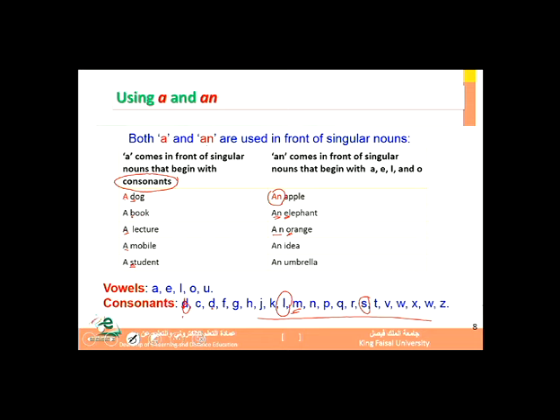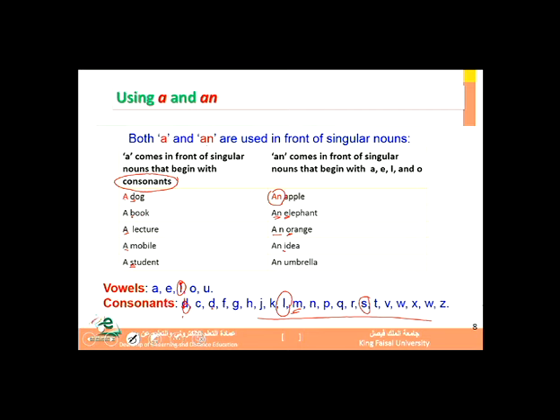An idea. Again, this is the I sound, a vowel sound. It might look like an L, but it is an I because it is written in capital. So an idea, it starts with a vowel, so we use an rather than a. An umbrella, again, this is one of the vowels, so use an.